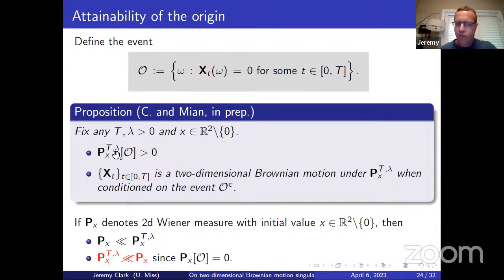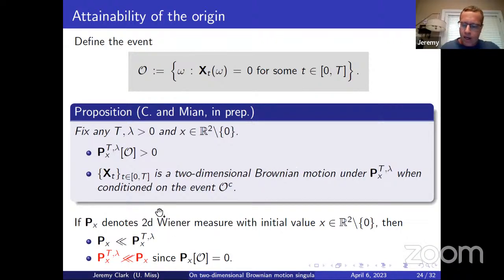So it's enough to make it so that the process actually visits zero. And if you condition on the event that the process never goes to zero, that it stays away from the origin, that conditional measure is actually just Wiener motion. It's just a Brownian motion.